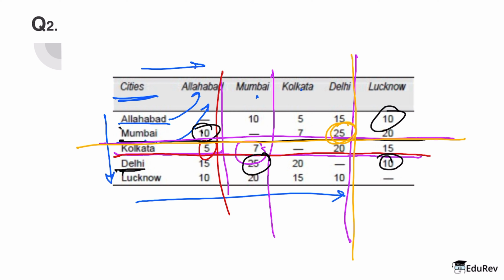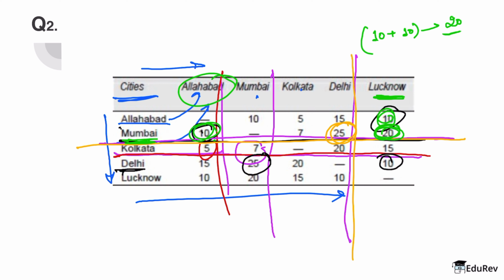Mumbai to Allahabad is 10, then Allahabad to Lucknow is 10. So it's going to be 10 plus 10, which is 20. Correct. The cost of sending a parcel from Mumbai to Lucknow directly is also 20. Hence there is no variance in the cost.